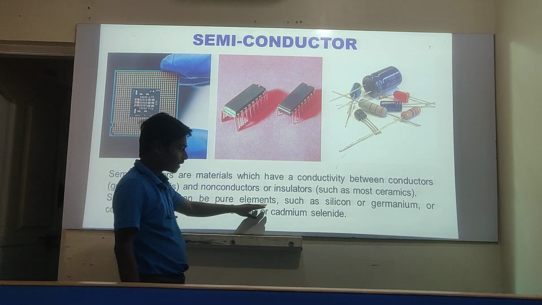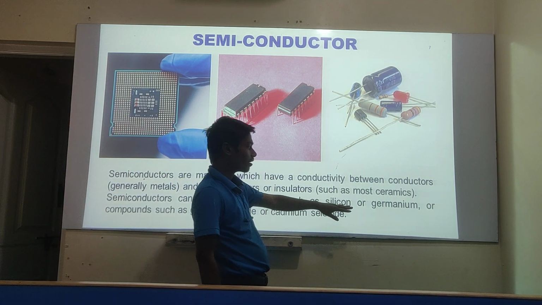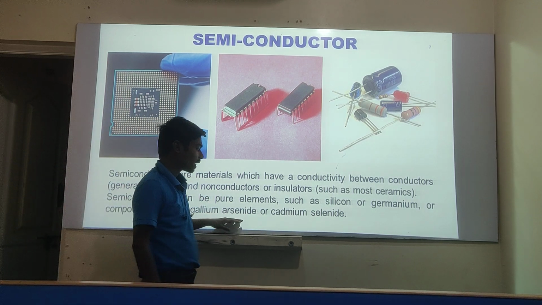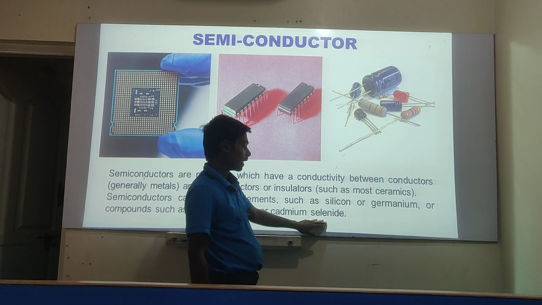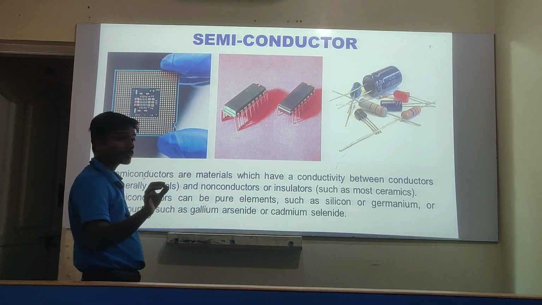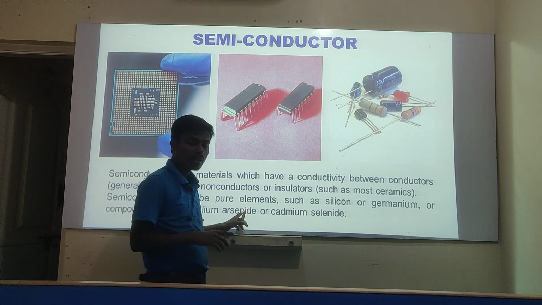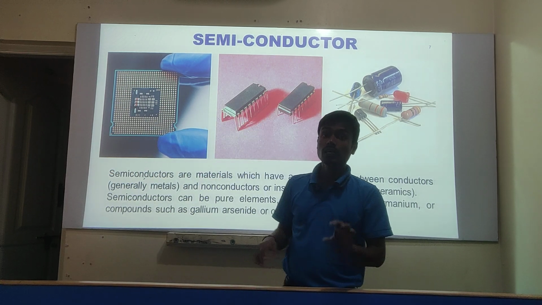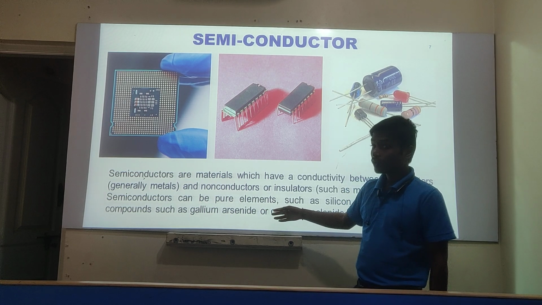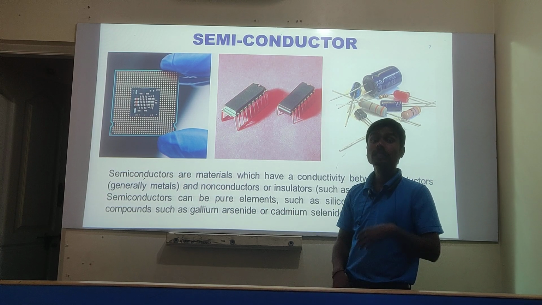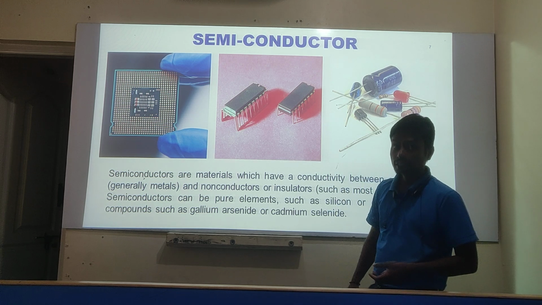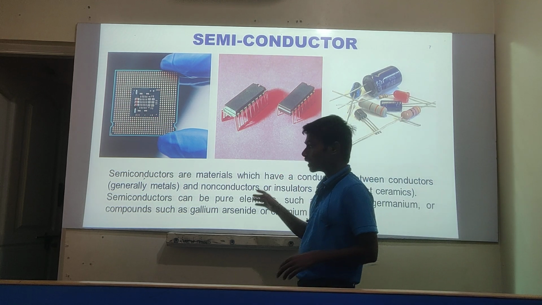A semiconductor can be a pure element such as silicon or germanium, or compounds such as gallium arsenide or cadmium selenide. Here two types of semiconductor material are there. Here we are talking about chemical compounds, which chemical atoms are semiconductor material.